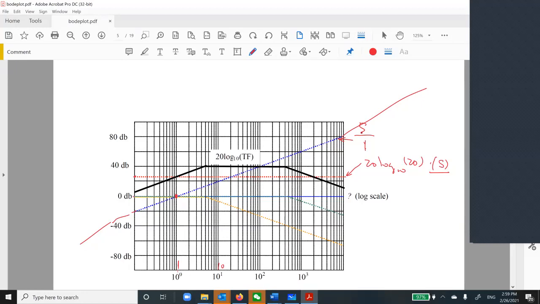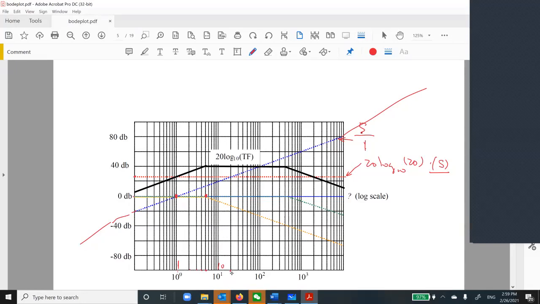What about the 2 poles? One is at 5. So 1, 2, 3, 4, 5. 5 is here, okay? So I have a breakpoint, and everything will be 0 dB before it. But at this point, I need to check where my 50 is.